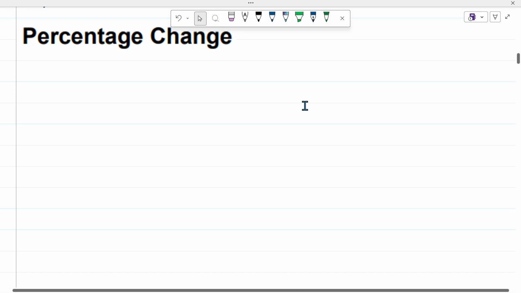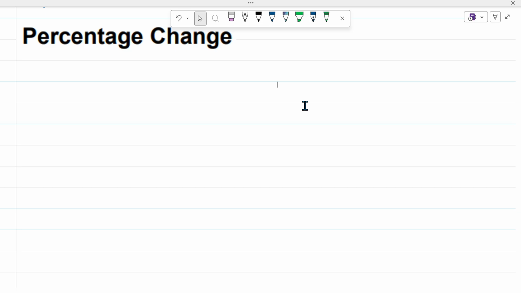These things are easy, guys. So whenever you are told to calculate the approximate percentage change, the formula is almost similar to that of small change, basically.